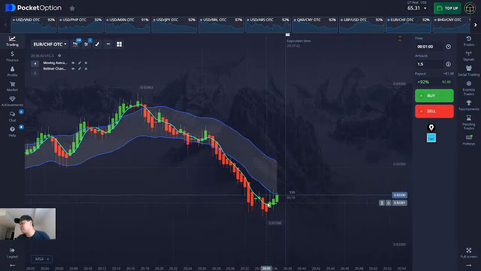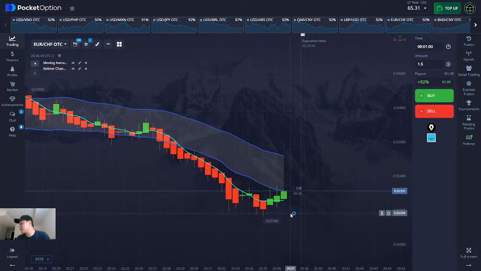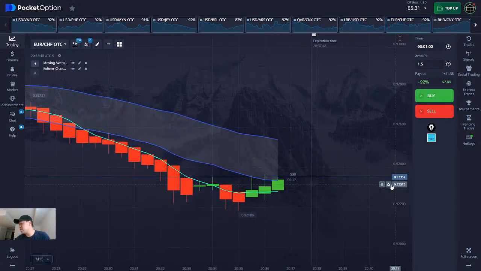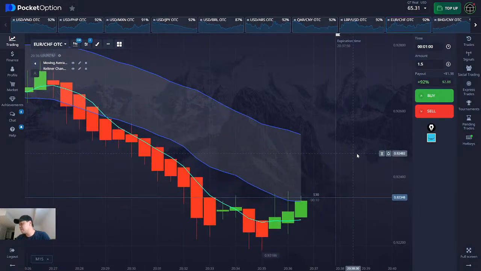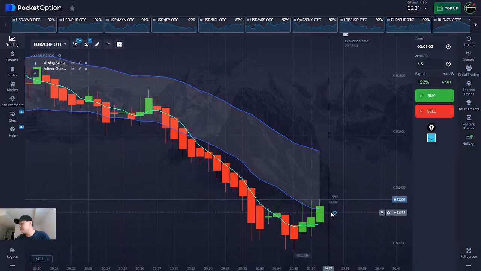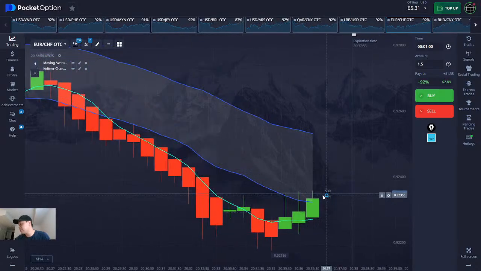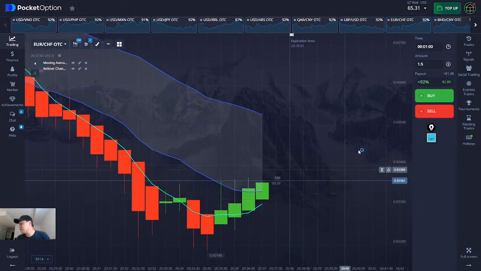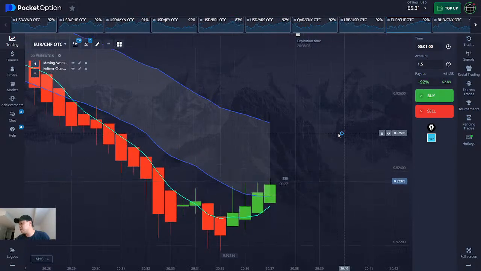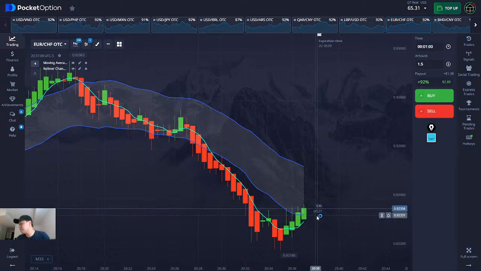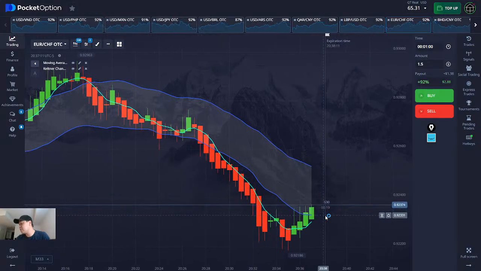But if I see some weakness, I'll probably just go sell it. Let's see. Just wait until the end of the candle. I'm using a time frame of 1 minute right now. Let's see how it goes.